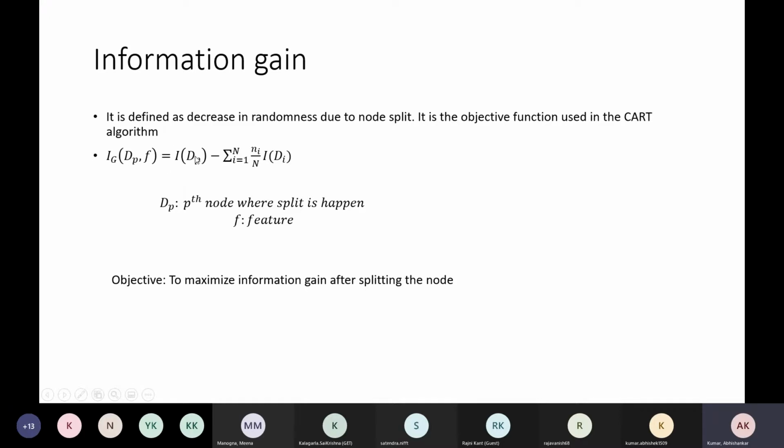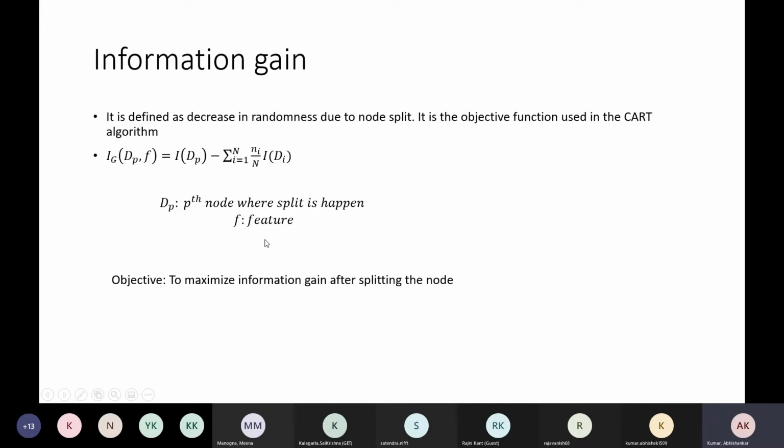I(Dp) means the information available at the parent node, and this is the child node information. So we have to subtract this and see exactly how much gain we have achieved when we split the node.